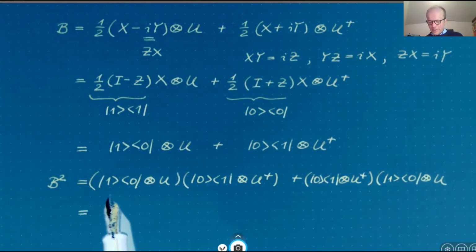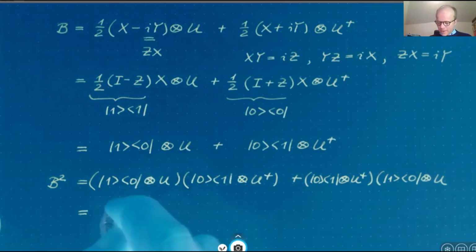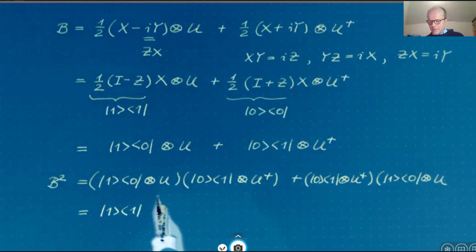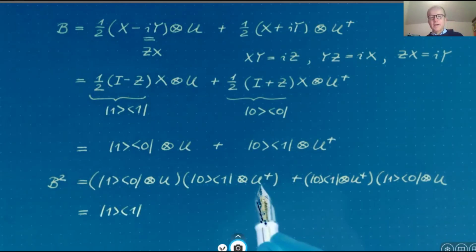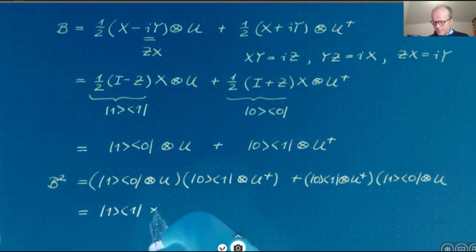Here we have the dyad 1, 0 multiplied with the dyad 0, 1. In between we have a scalar product of the basis state 0 with itself. It's normalized, so this is 1. And we are left with 1, 1. And U times U dagger gives the unit operator in the Hilbert space of the second qubit. So this is tensor unit.